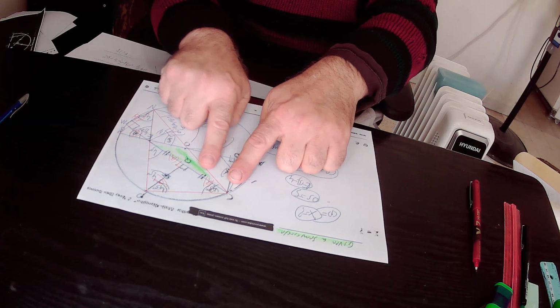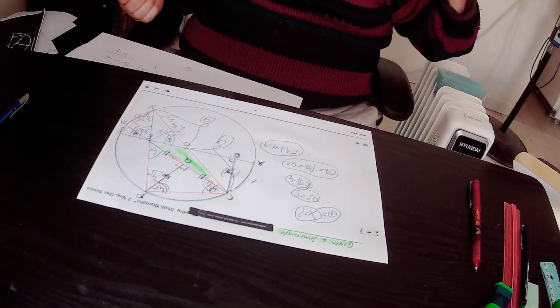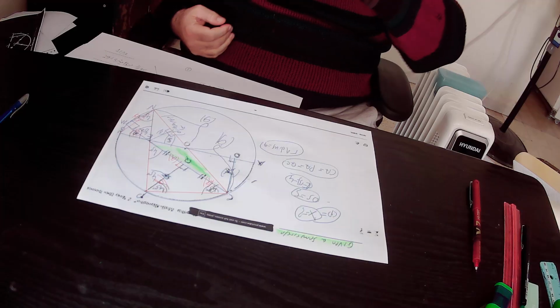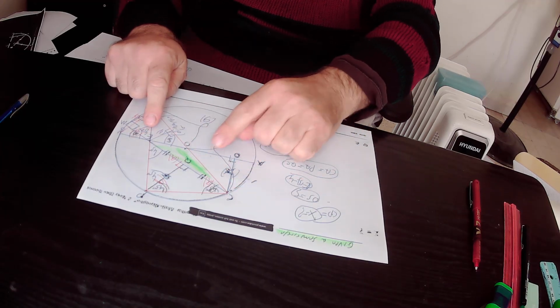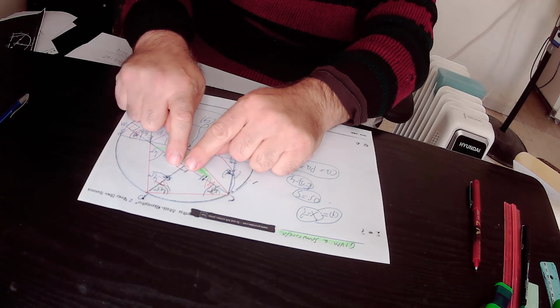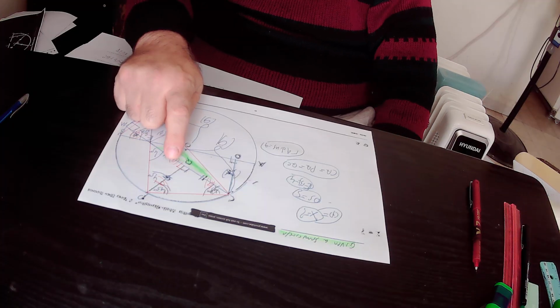So if you focus on the upper side of this straight line CE at point Q, the sum of the angles must be equal to 180 degrees, according to the rule that the sum of the angles on one side of a straight line is equal to 180 degrees. Which angles do we have at the upper side of the straight line CE at point Q? We have this right angle plus this missing angle. In total the sum of those two angles must be equal to 180 degrees. Therefore this missing angle must be equal to 90 degrees in size.